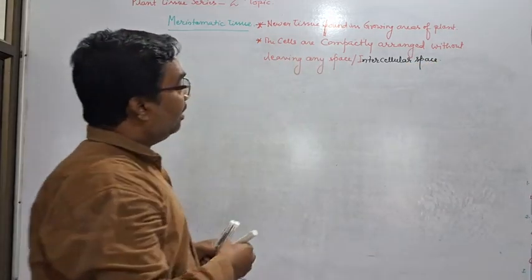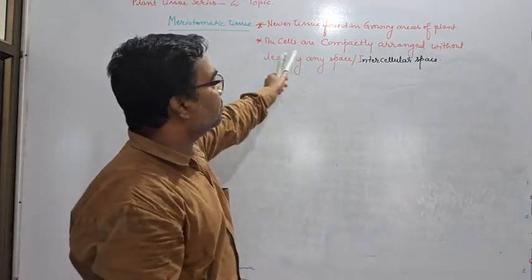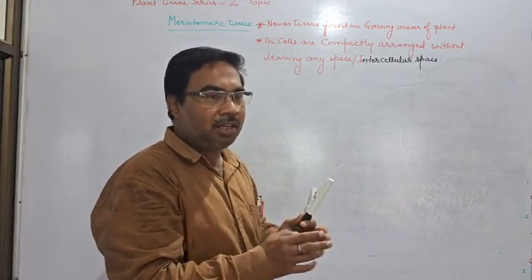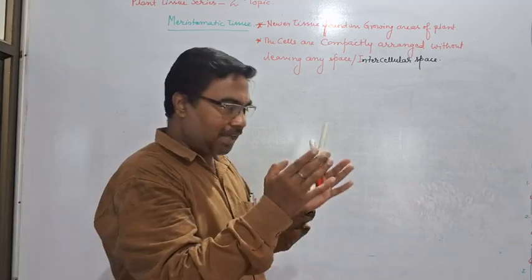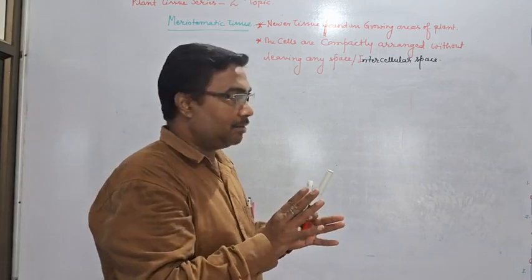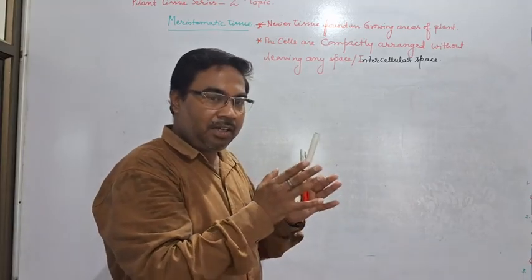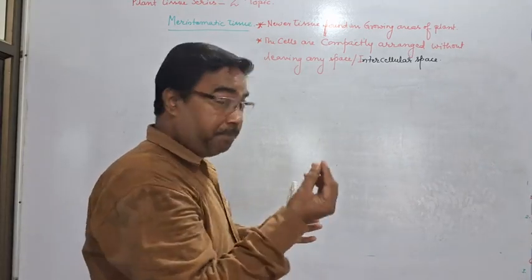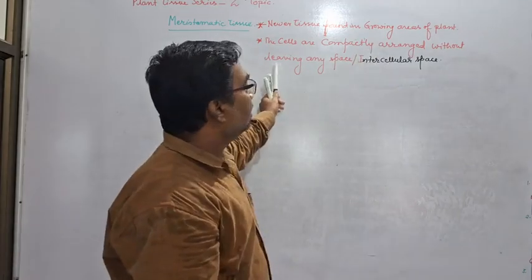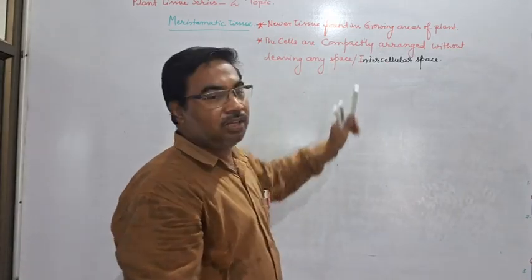The point must be understood: the cells of the meristematic tissues are compactly arranged. They are arranged so closely that there will be no space among them. The spaces among them, if present, you will see in permanent tissue, where intercellular spaces will be there, in a few permanent tissues, not all. So if they are compactly arranged, they don't leave any space, and that space is called intercellular space.